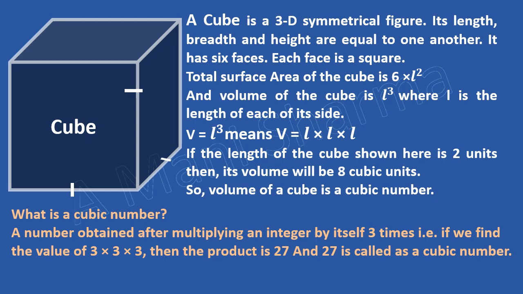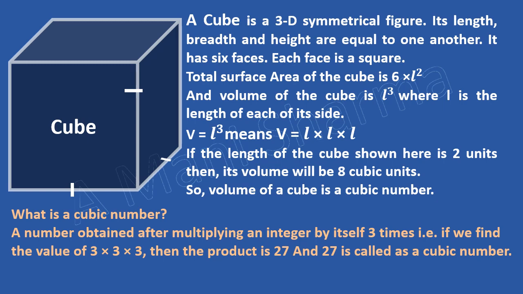So, what is a cubic number? We can say that a number obtained after multiplying an integer by itself 3 times. Again, listen carefully, children. Multiplying a number, an integer, by itself 3 times.